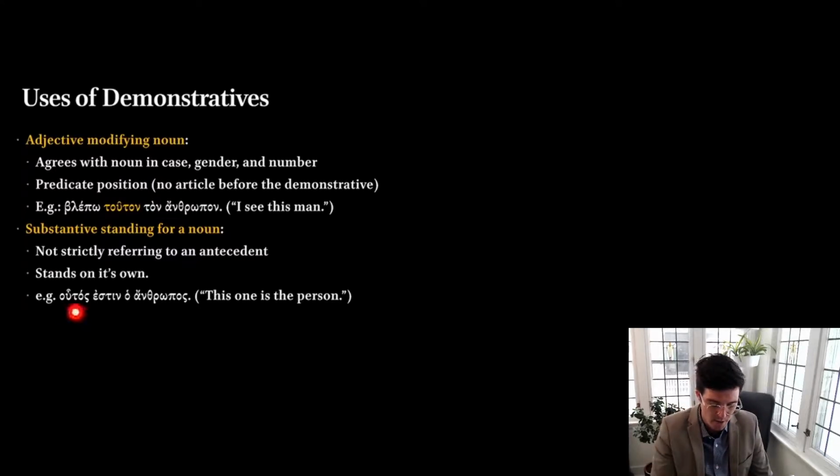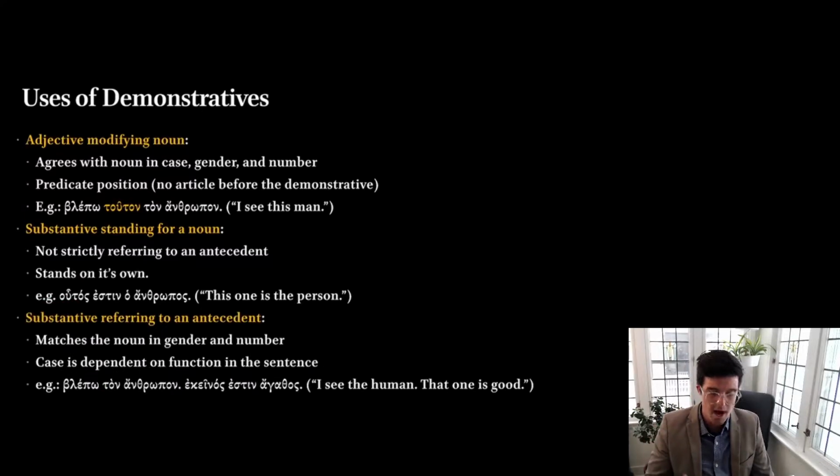So, houtos estin ha anthropos, this is the man. The this in this case has not been mentioned earlier in the narrative or the discourse. And then the substantive referring to an antecedent is a case where the demonstrative pronoun does refer to someone, or something, that has already been mentioned in the previous context.